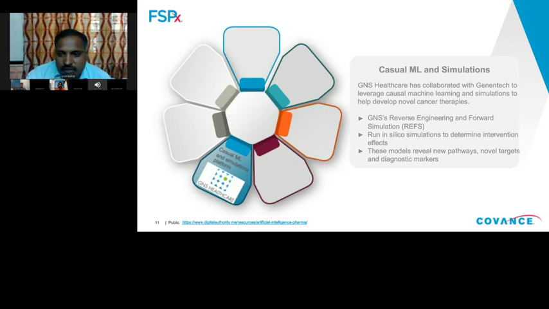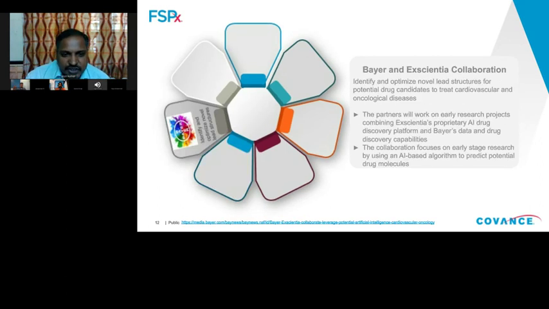So next is another collaboration between Bayer and Exscientia. Exscientia is again a UK-based artificial intelligence technology company which has partnered with many other sponsor companies. This partnership works to identify and optimize novel drugs for cardiovascular and oncology diseases.